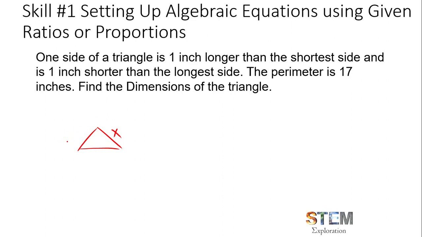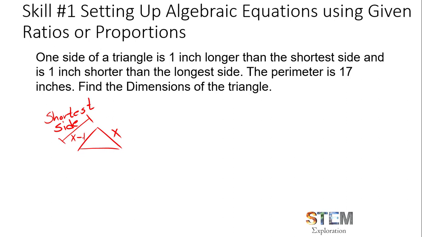This side looks shorter, so I'm going to say this is the shortest side. And so one of the things that we want to learn how to do here is that if this is just a side and this is 1 inch longer than the shortest side here, what I can say is that this side is equal to x minus 1.